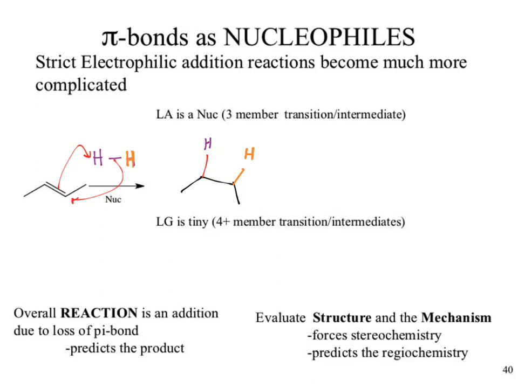That's not a good leaving group, so it can't leave and then come back on, which means the hydrogens are added at the same time, which means what type of addition did I do? A syn addition. Which means what happens to the orientation of the methyl groups? They need to be locked in as they were at the starting, which means they would need to be on opposite sides.